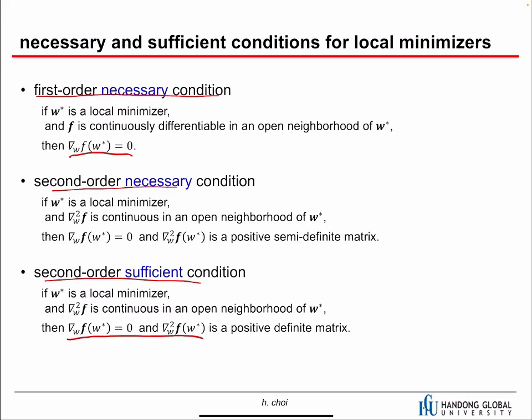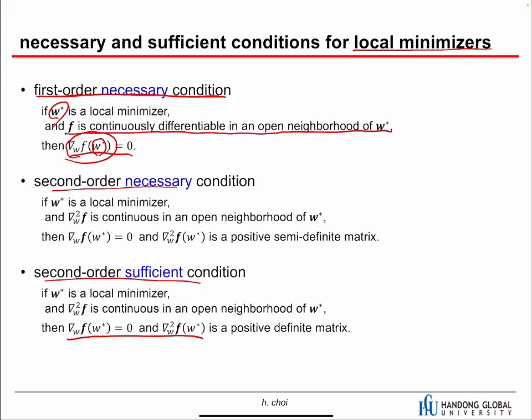So let's talk about the first order necessary condition of a local minimizer. W star is a local minimizer and F is continuously differentiable in an open neighborhood of this minimizer. Then the gradient of this function at this place is 0.